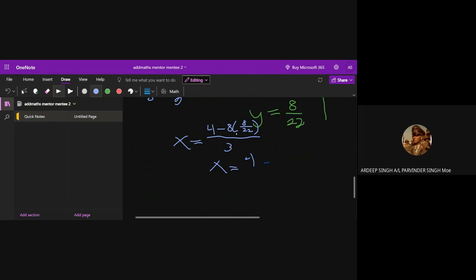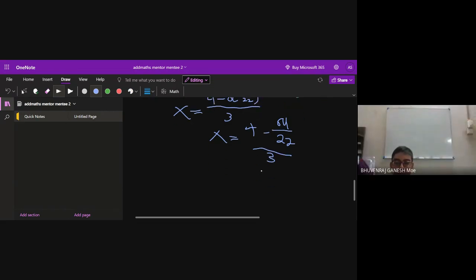So what we do is, you can use mind calculation here. 4 minus 8 times 8 is 64. If you calculate in the calculator, over 22, over 3. This one you can actually press straight into the calculator and get the answer.